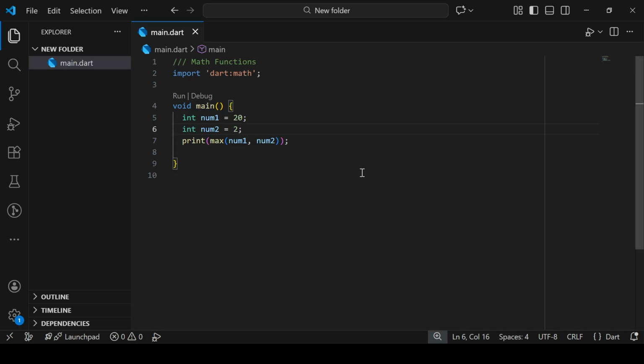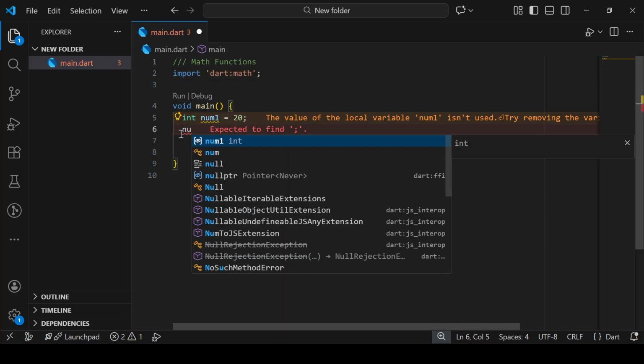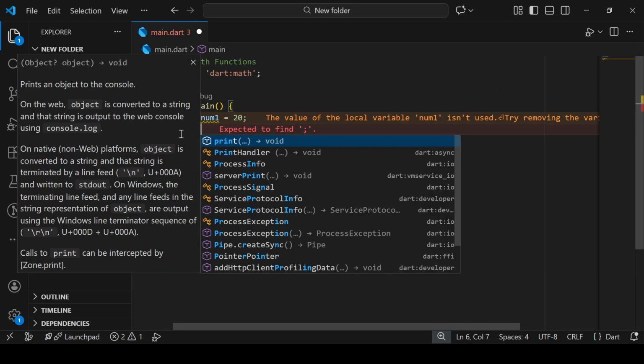Now I move to clamp, which is very useful. I remove this one also, and with num1, I just want to print it.